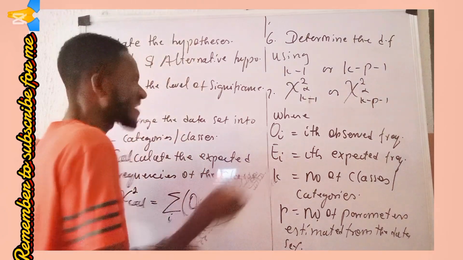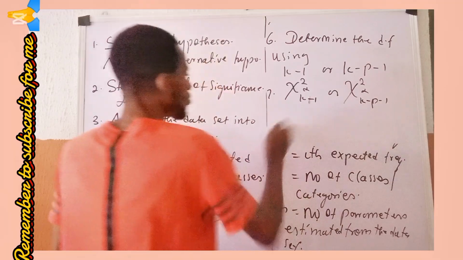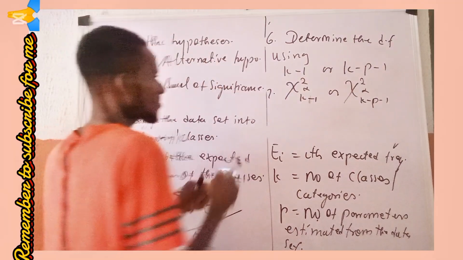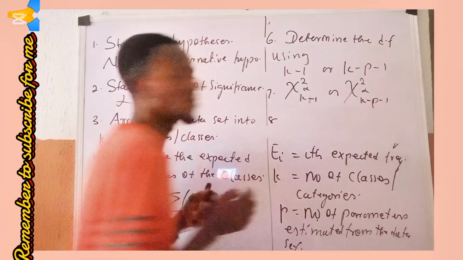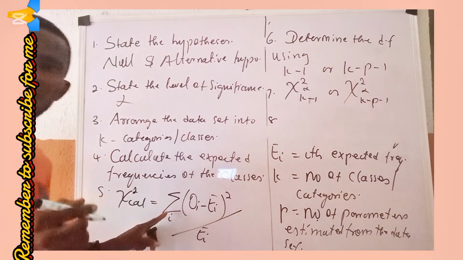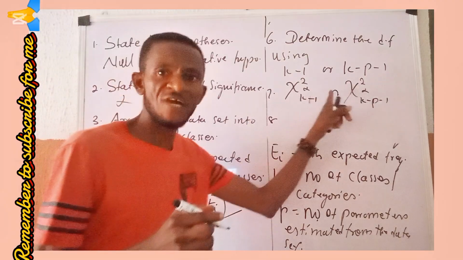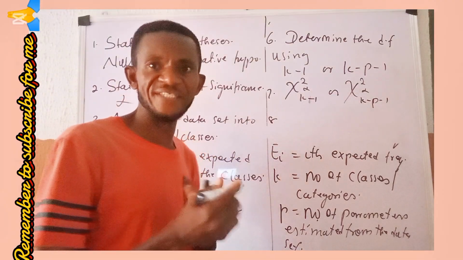What is the number 8 thing that we are going to do? The number 8 thing we are going to do is, number 8, compare the chi-square calculated and the critical value of the chi-square test.